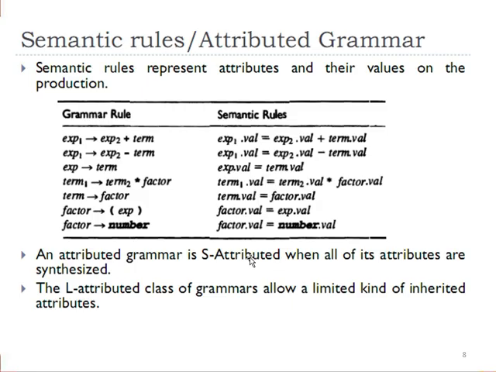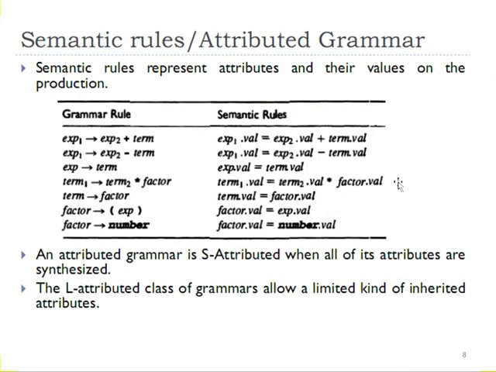So if each and every grammar symbol is attached with synthesized attributes, we can say the resultant grammar is S attributed grammar, and if the grammar symbols are attached with synthesized as well as inherited attributes, then we can say the grammar is L attributed grammar.